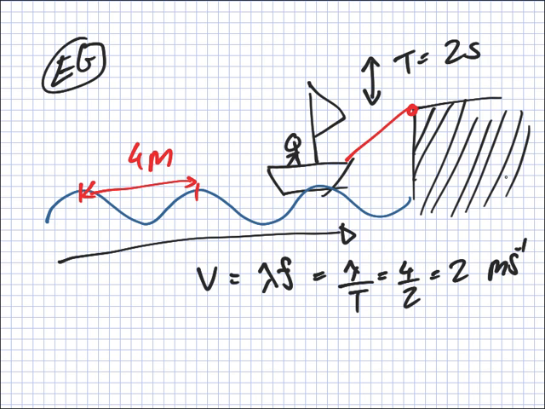I think I did it okay. What's your question? Is that the final answer? Yeah, final answer, yeah. V equals lambda F, which equals lambda over T, because F is 1 over T. Yeah? You wrote this down?